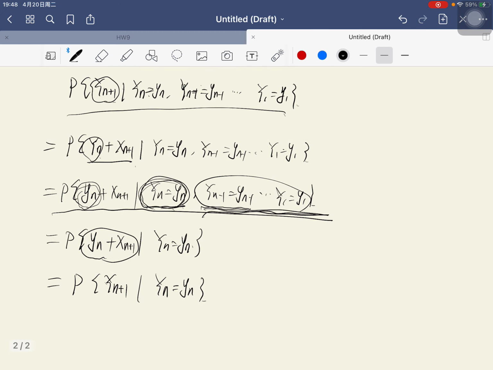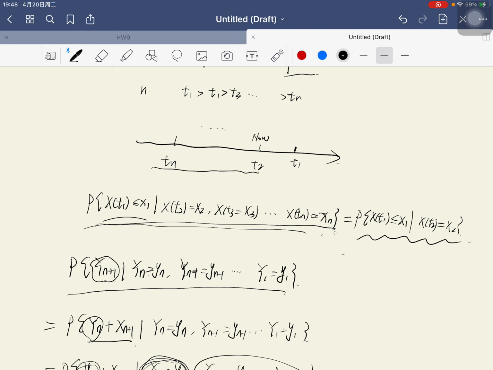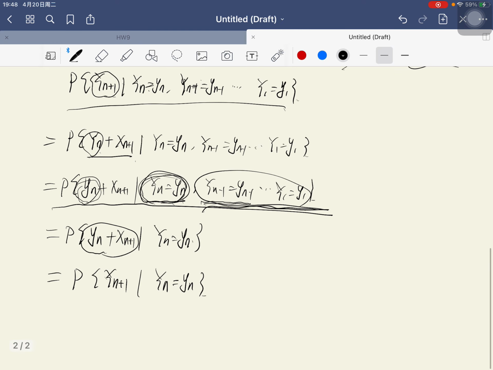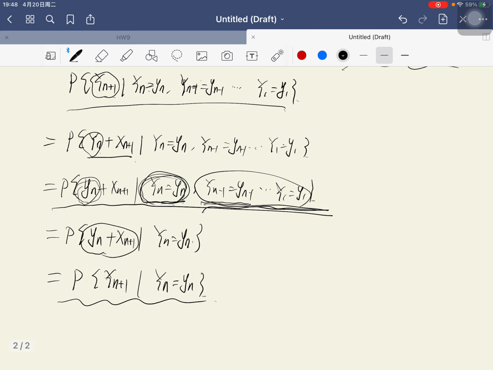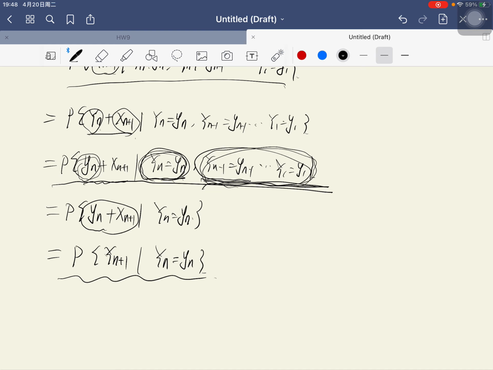Because the Xn are independent, we could use this part and take it out.